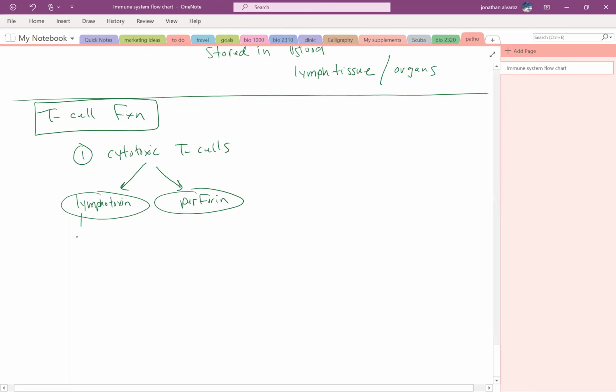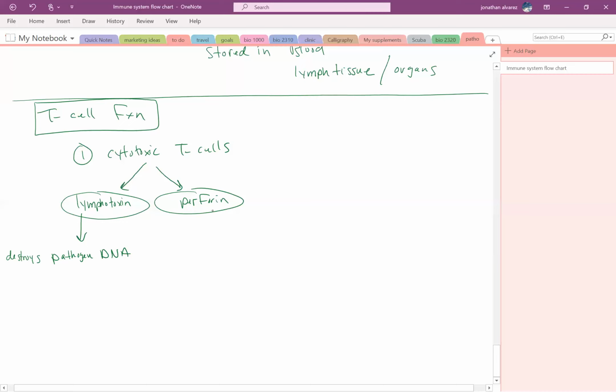Okay, the lymphotoxin destroys the DNA of the pathogen. Okay, destroys the pathogen's DNA.